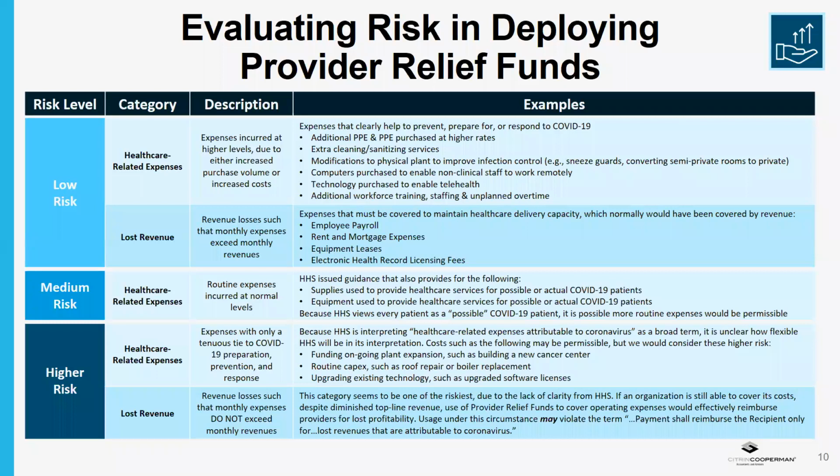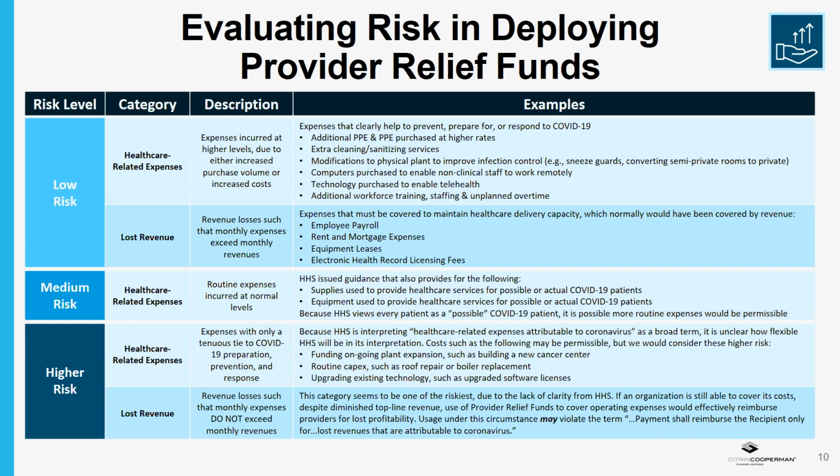From our perspective, without more sufficient guidance from HHS on the precise usage of the funds, all providers need to look at a risk continuum of where the funds could be allocated and used, and determine where they feel comfortable, looking at it through the perspective of risk.